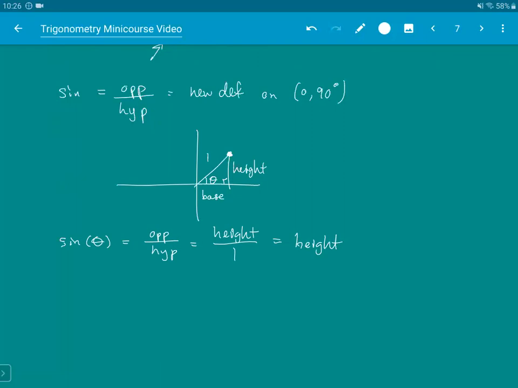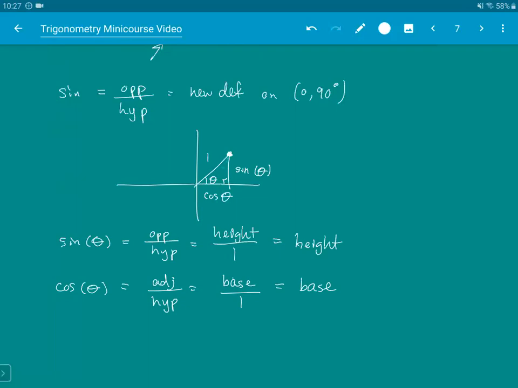So let's rewrite this for what it actually is. Now let's do cosine of theta. So this is equal to adjacent over the hypotenuse, which is equal to the base over 1. Now base over 1, that's just base. And so the base of our triangle is just cosine of theta.